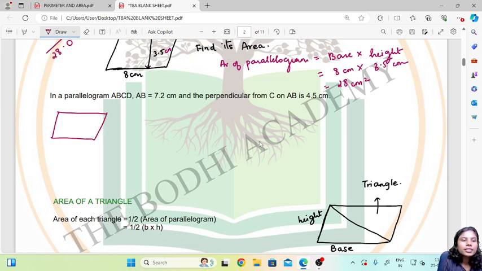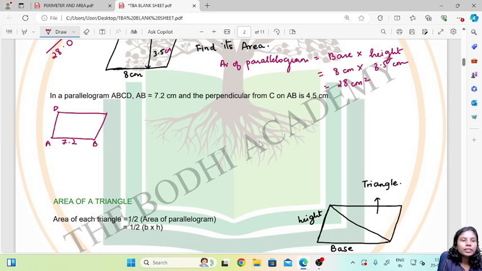It is named as A, B, C and D. Now see, this is the parallelogram. AB is 7.2. So 7.2 is the base, and the perpendicular from C on AB is 4.5 centimeter.